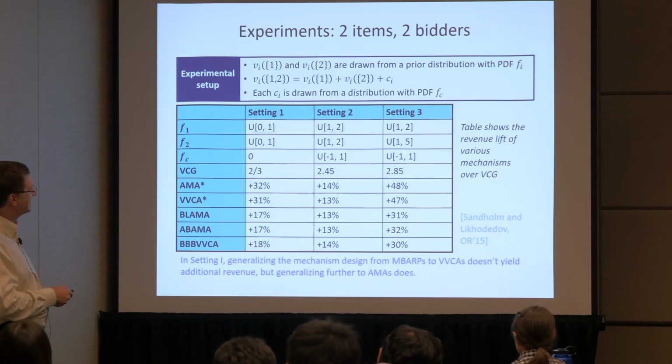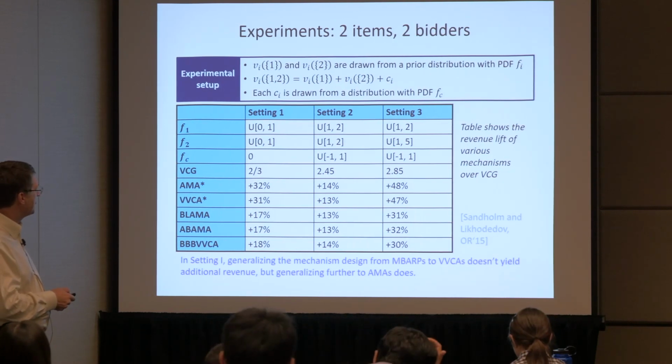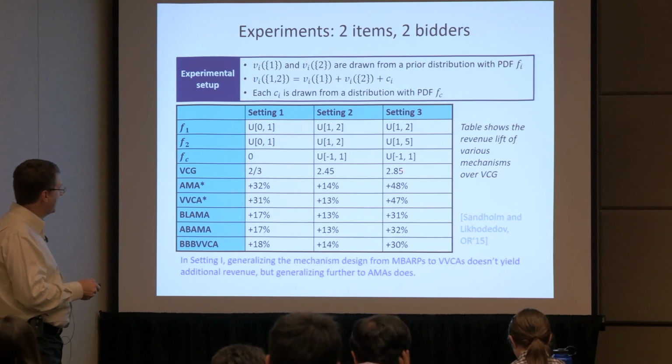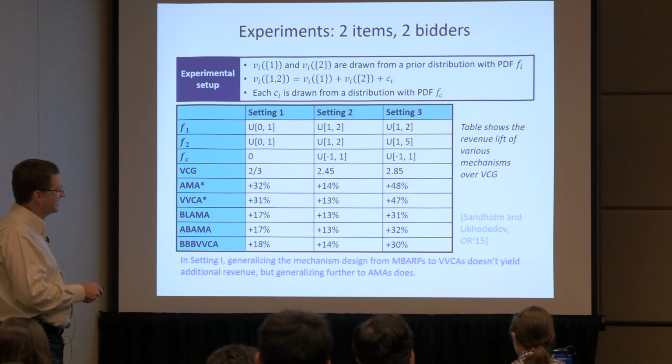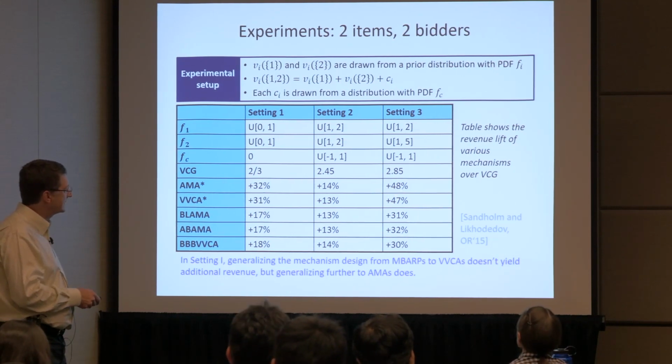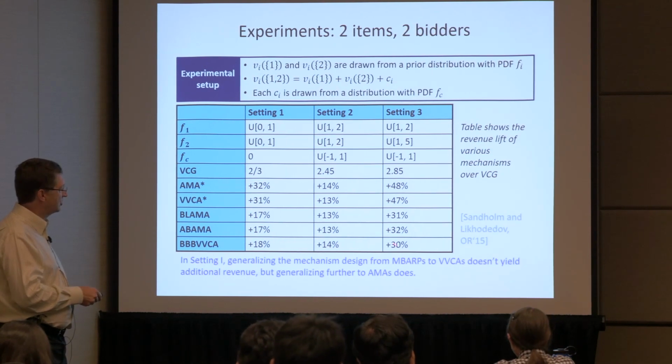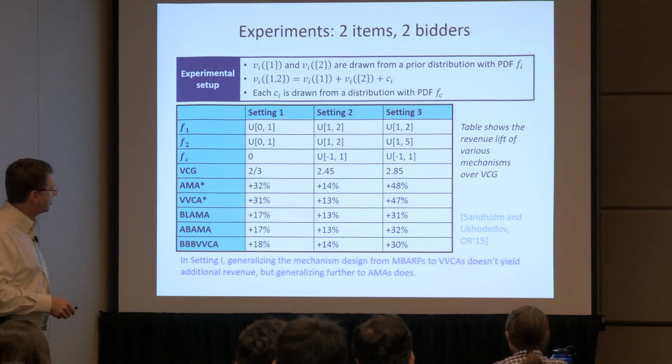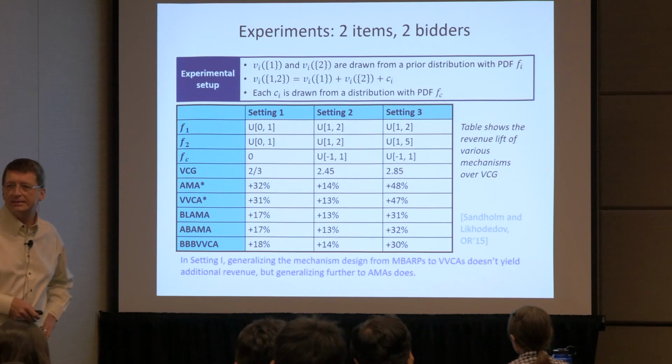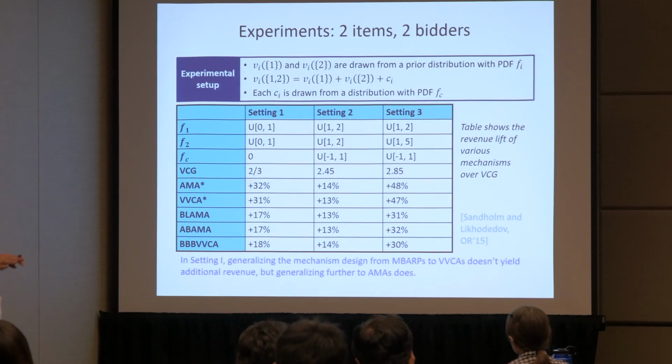And we have the complementarity and substitutability as well. VCG gives you 2.85. The grid search techniques give you a lift of 48%. And the local search techniques give you a lift of about 32%. So they do get stuck in a local optimum, but still significantly better than VCG. Any questions on this table?